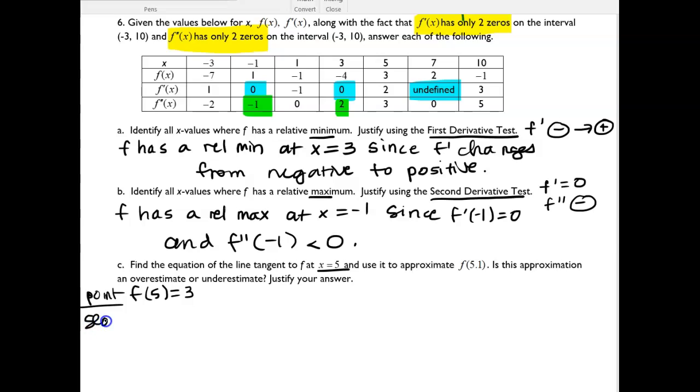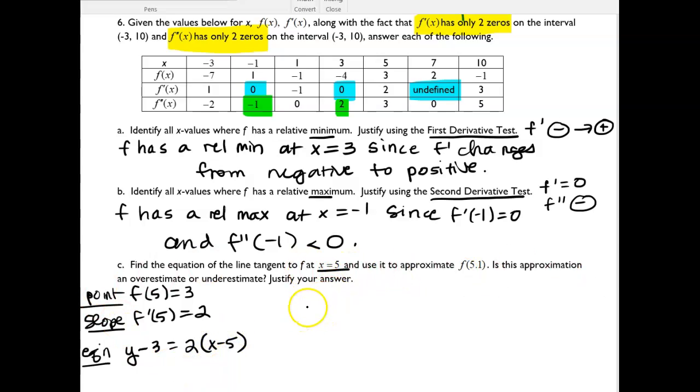My slope, f prime of 5, is 2. And so my tangent line equation, y minus 3 equals 2 times x minus 5.